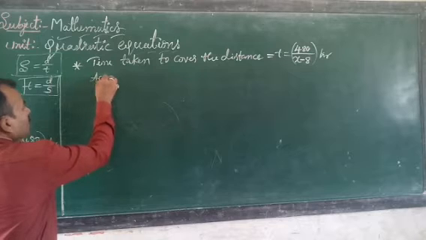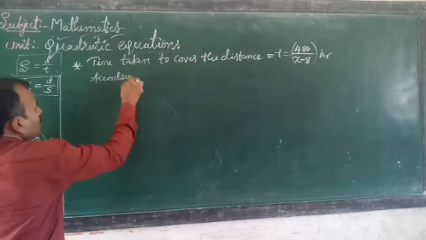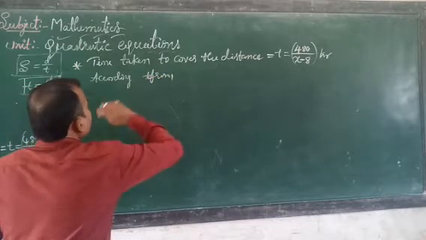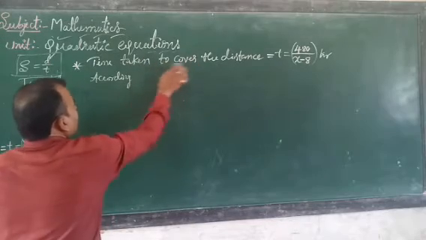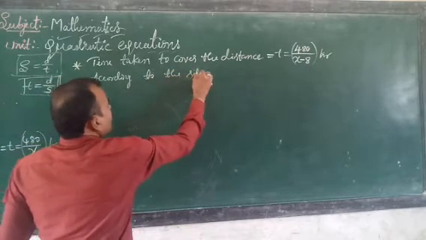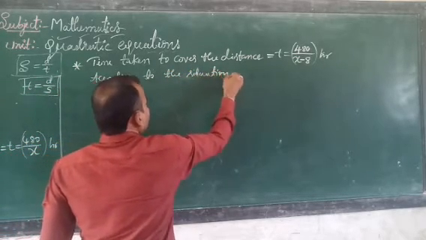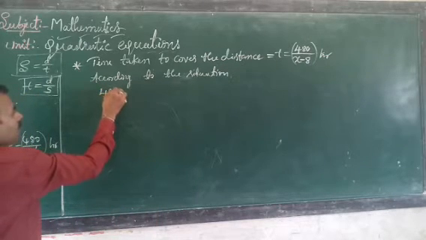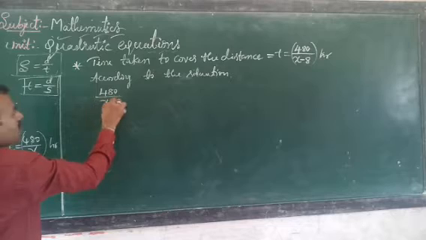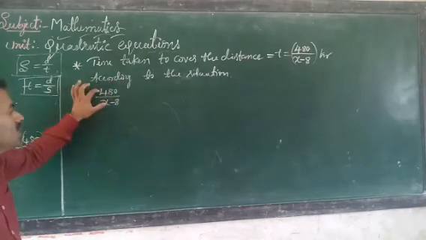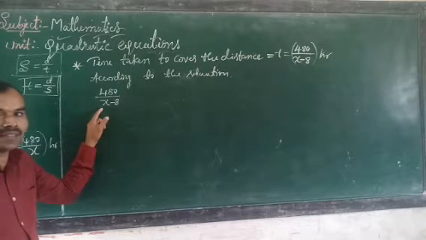According to the situation, therefore, 480 by x minus 8. This is time, distance by speed.